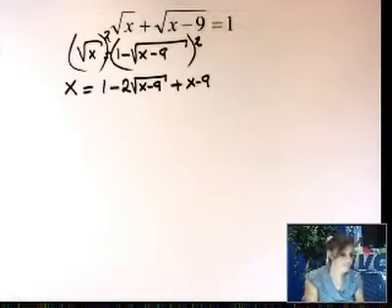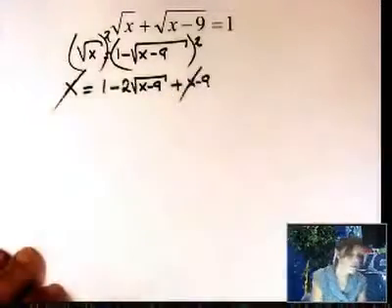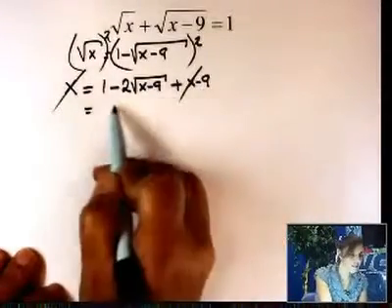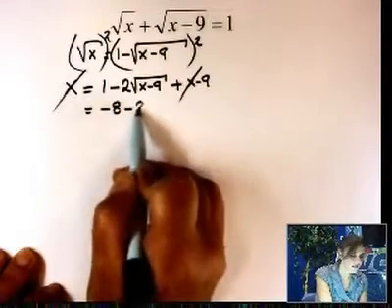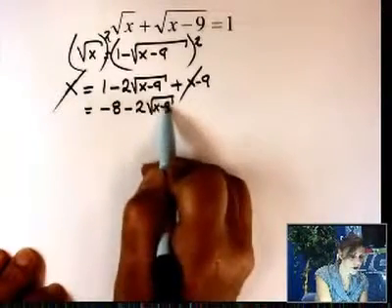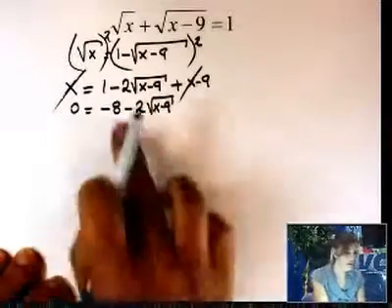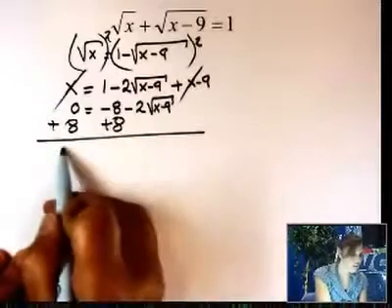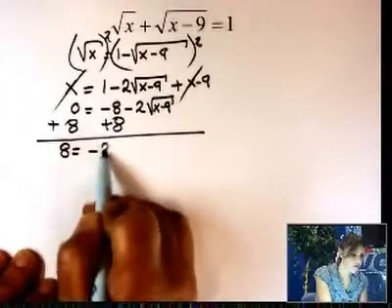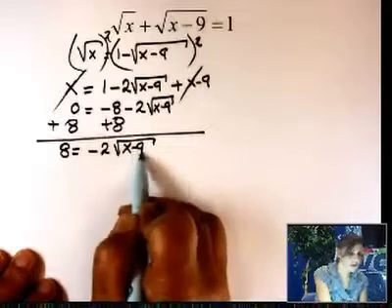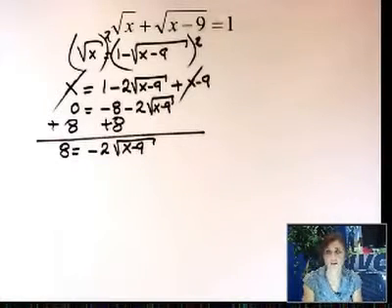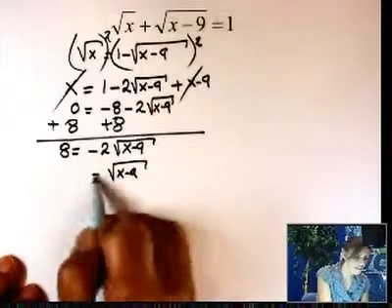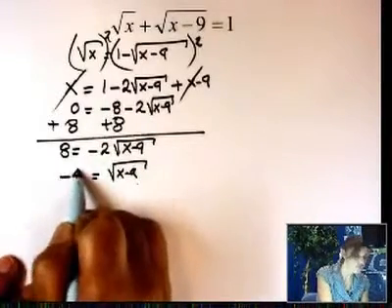All right, look what happened. Okay, and this will give me 1 minus 9, that's negative 8. Negative 2 times the square root of x minus 9 equals 0. Let's move this to the left. Look what happened. You'll have 8 equals negative 2 times the square root of x minus 9. Now, I did not get rid of all the radicals. Isolate the radical again. So what do you have? The square root of x minus 9 equals 8 divided by negative 2, negative 4.